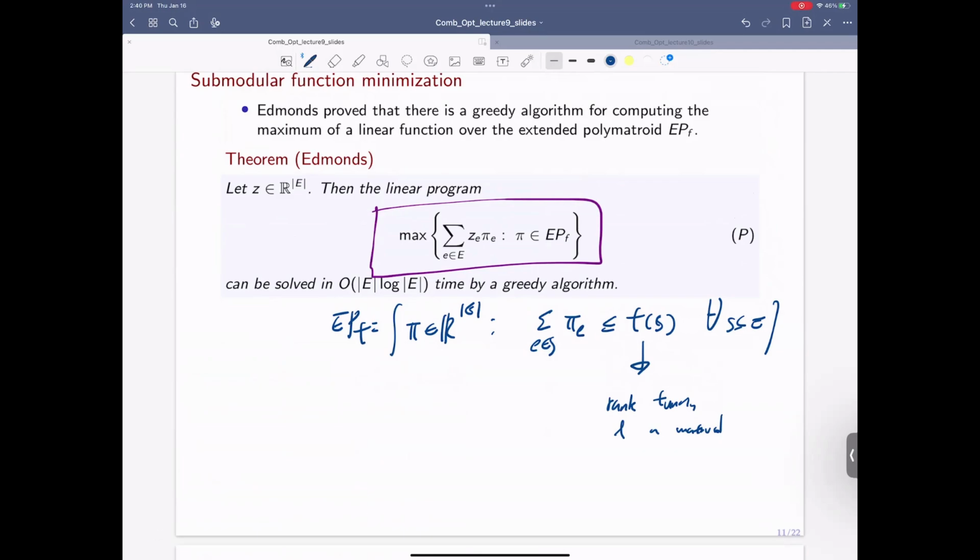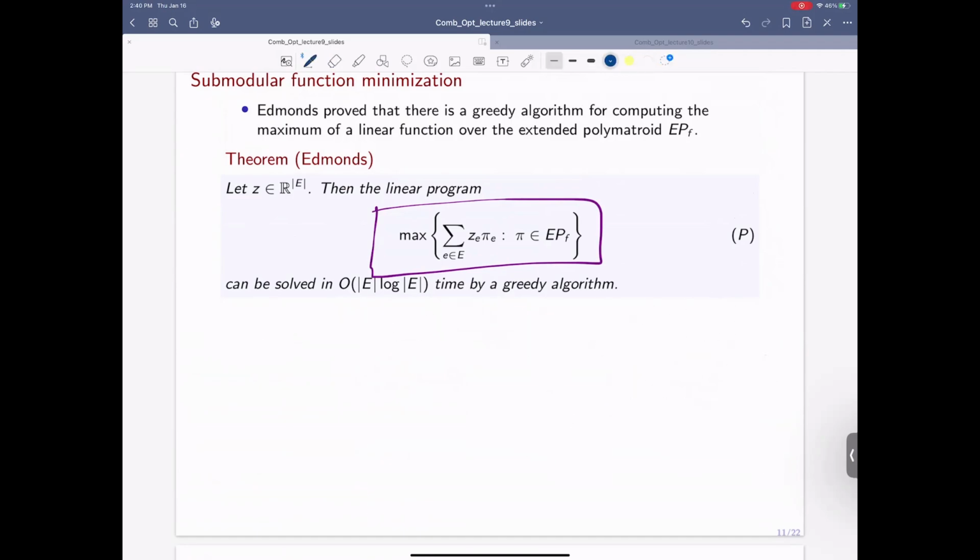Okay. Let me explain a proof, and it gives you an algorithm actually. So what you do is the following. Assume the set of elements E is enumerated as E1, E2, up to En. Small n is the number of elements.